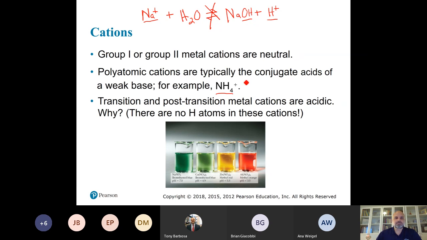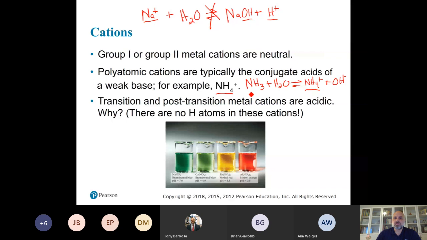And if we take ammonia, which we discussed before, and react this with water, we end up with ammonium hydroxide, right? So you can see here, the ammonium ion is the conjugate acid of a weak base.